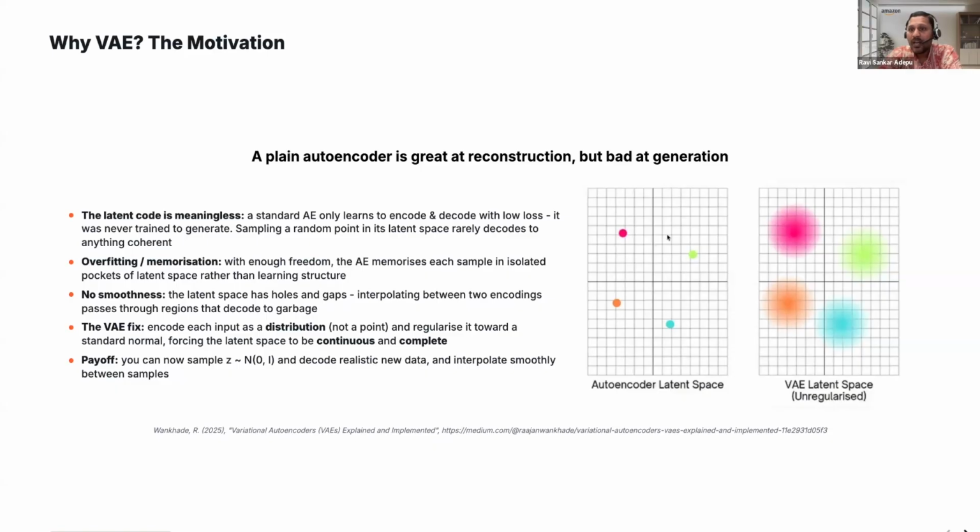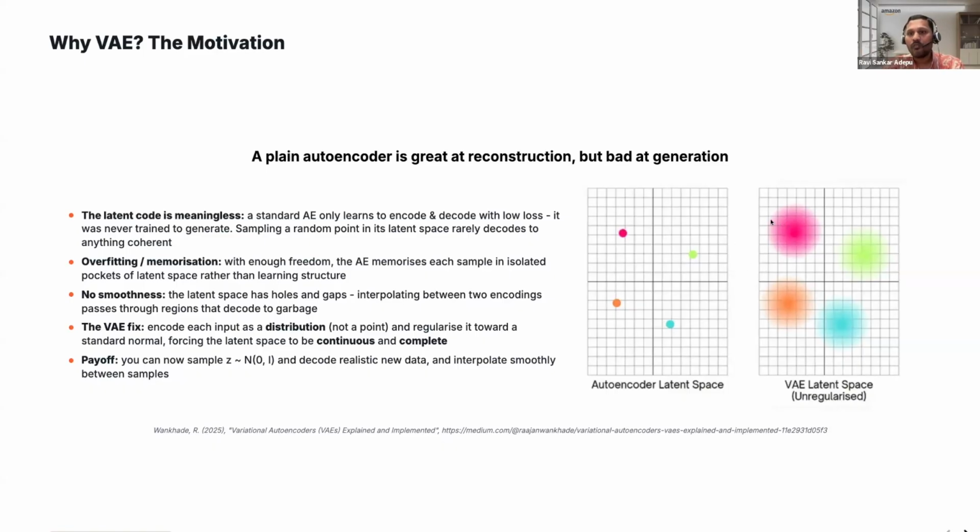So you might think you can sample a random point in that space and decode it in the hope of generating something. You cannot do that. What we want is for the latent space to be continuous, since the decoder has seen only some points over here. So how do you do that? Instead of mapping it to a static point, you map it to a distribution.